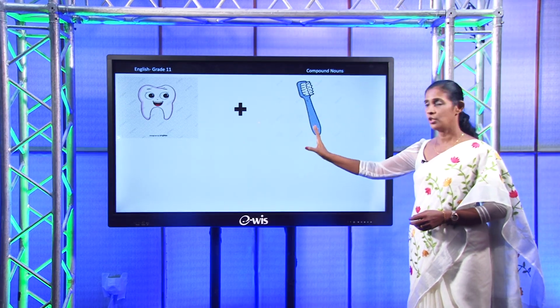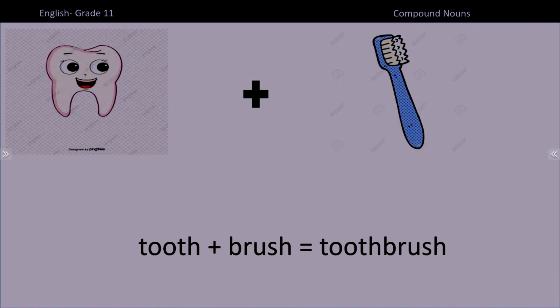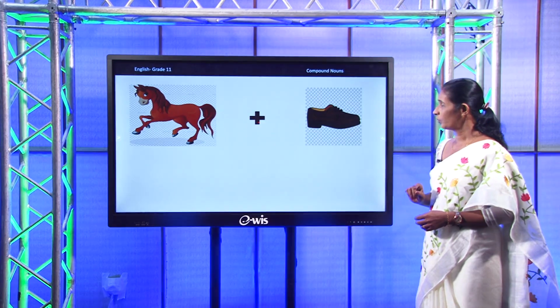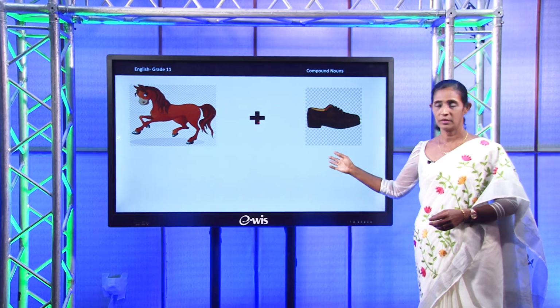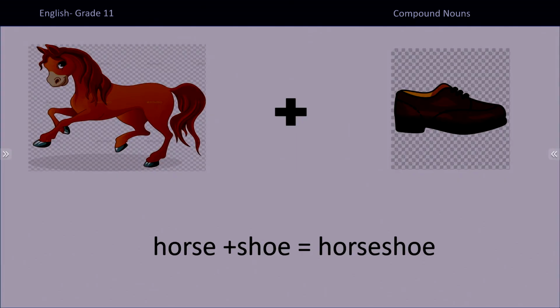Compound noun will be toothbrush. Toothbrush, toothbrush. And that will be the last one. Horseshoe. Horseshoe. Okay, children. Hope that you marked the words, you corrected your spelling, and if you need more words, you can copy them down.